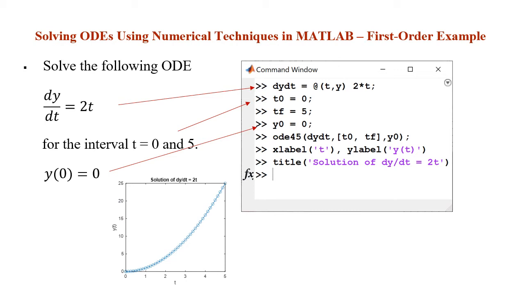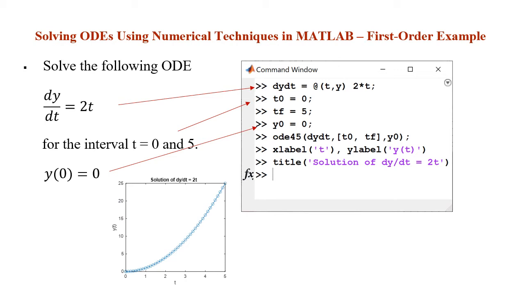Notice that at 0, y of t is 0. At 2, y of t is 4. At 5, y of t is 25. So this is equivalent to t squared. And if you take the derivative of that, it becomes 2t. So we can now verify the accuracy of the solution. We can tell that it's accurate.